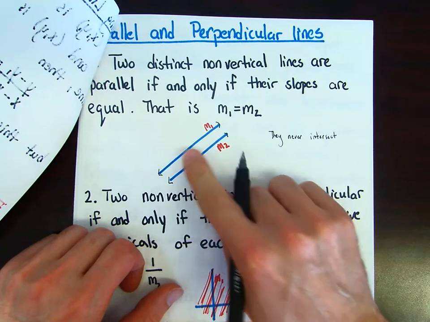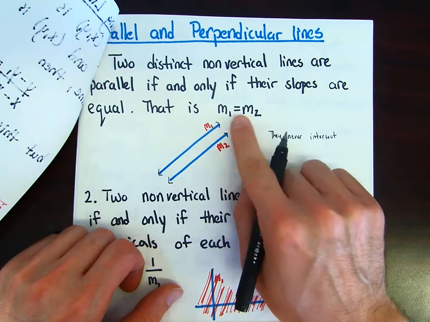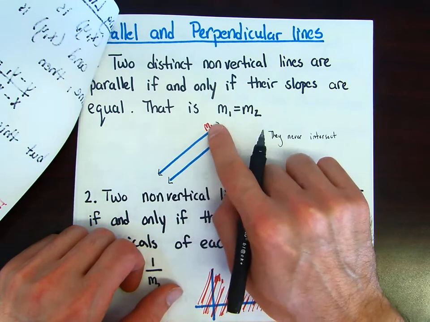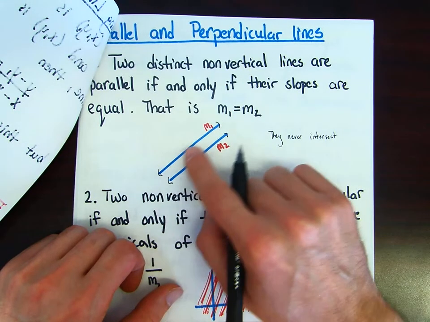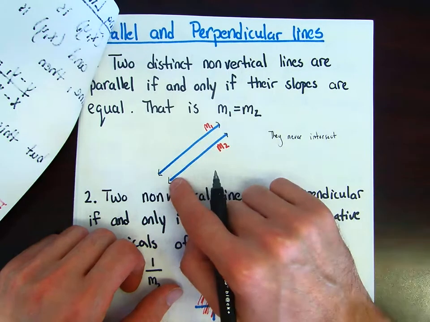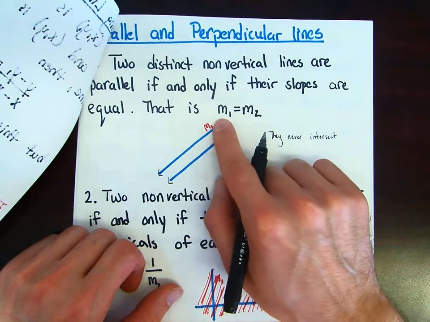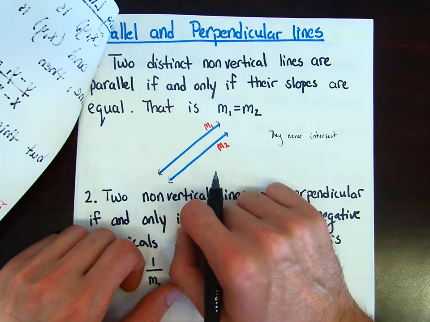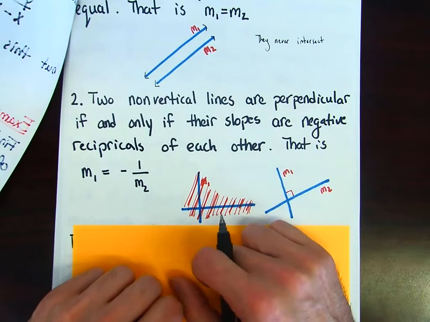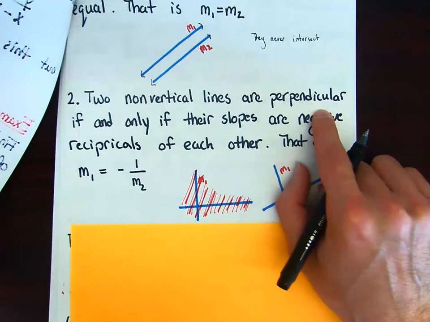They don't have the same y-intercept, and they have the same slope. So if the slope of this line is m sub 1, and the slope of this line is m sub 2, you know the slopes have to be equal to each other for parallel lines.